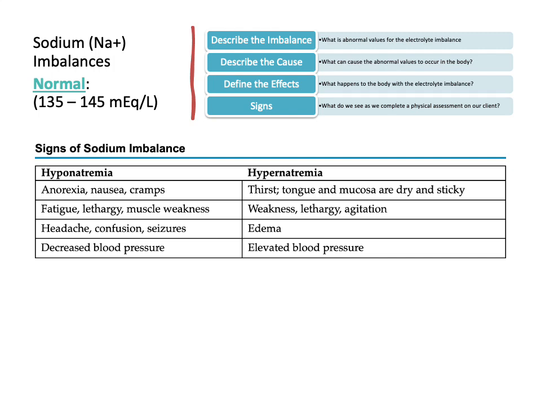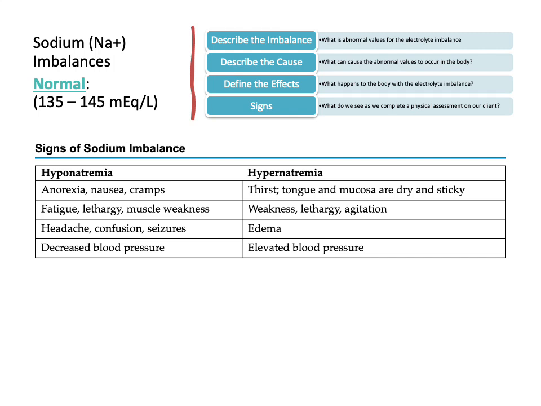So remember earlier in this lecture, we were talking about fluid balance, and ideally we want fluid loss to be equal to the amount that we take in. Well, if we have more water loss than the amount that we take in, then you can see hypernatremia because there's not enough fluid to help balance out the amount of sodium that's in the body. So that would be something that can cause hypernatremia.